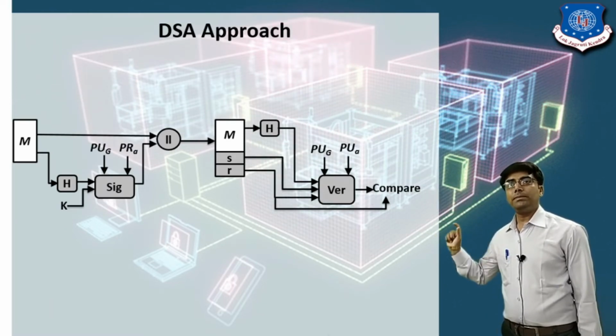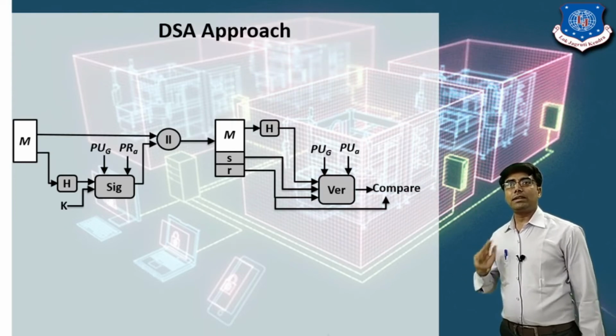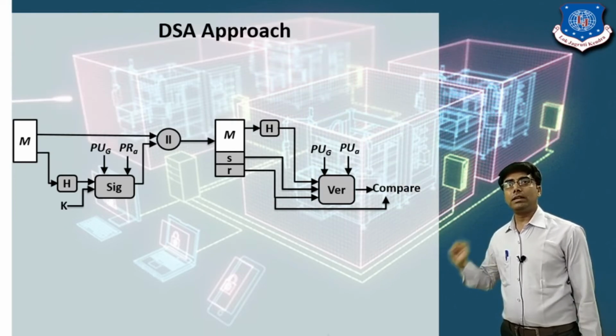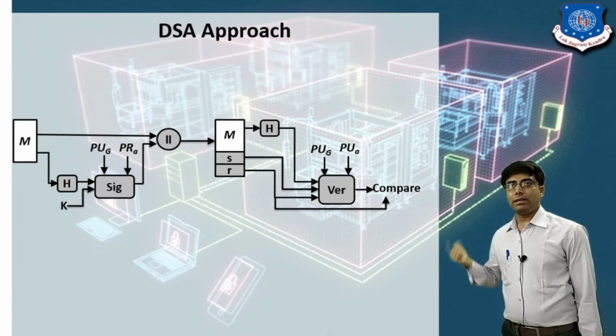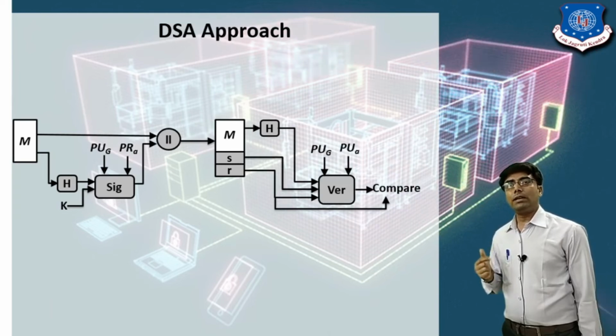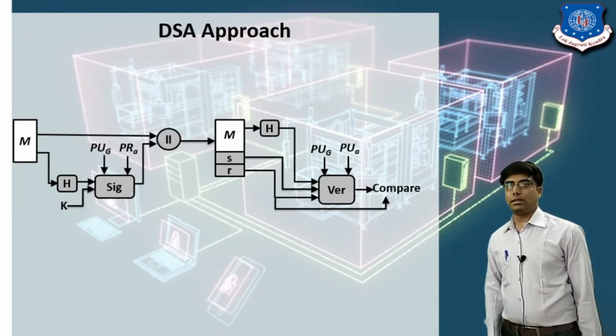Again I repeat, here we are generating a digital signature with the help of DSS, the digital signature standard, and the digital signature is generated by the sender and verified by the receiver.